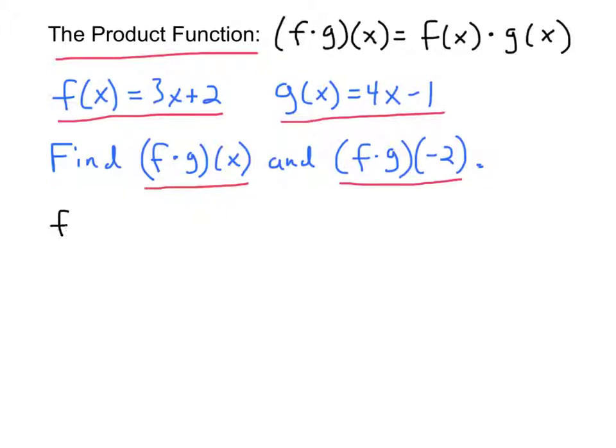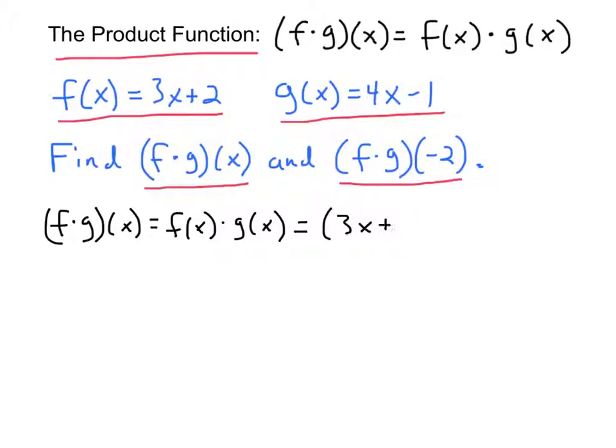So f times g of x would equal f of x times g of x, which would equal 3x plus 2 times 4x minus 1. And we'd have to multiply that out using our multiplication process.